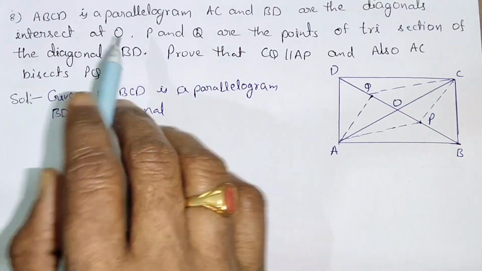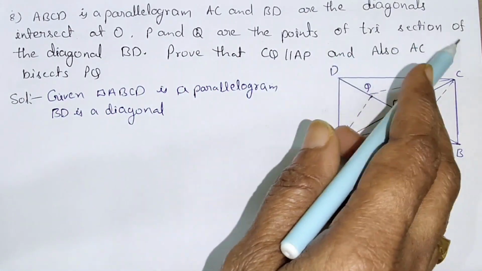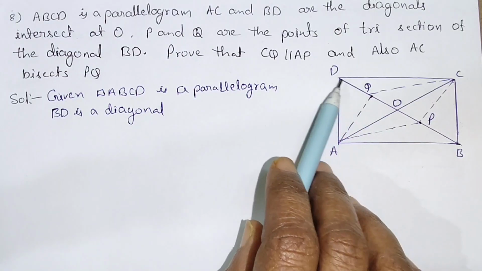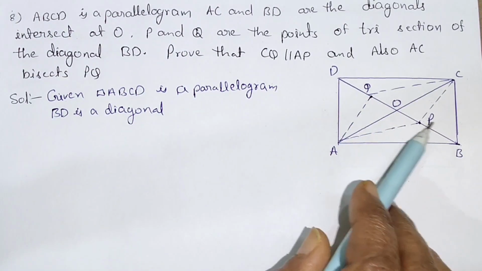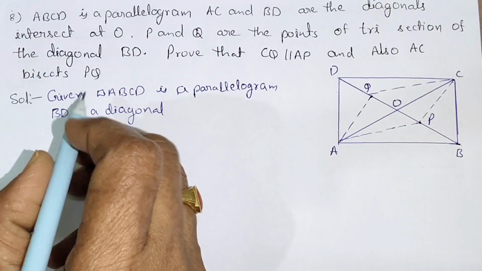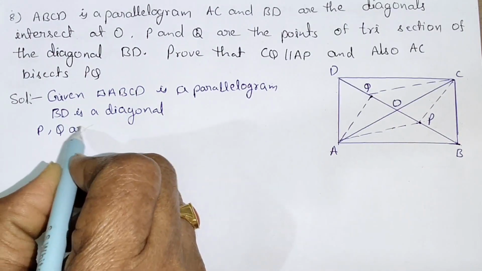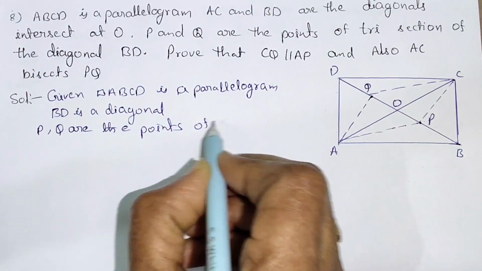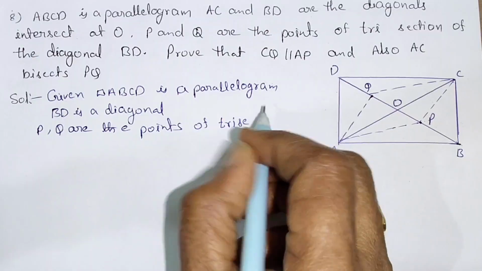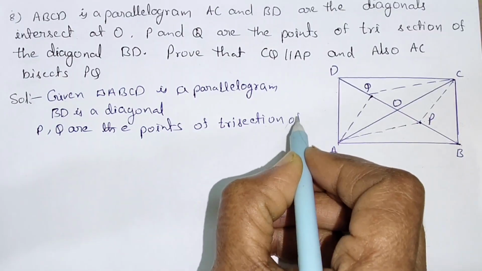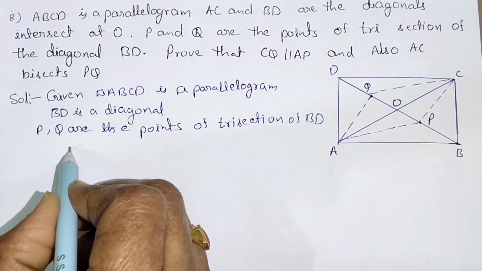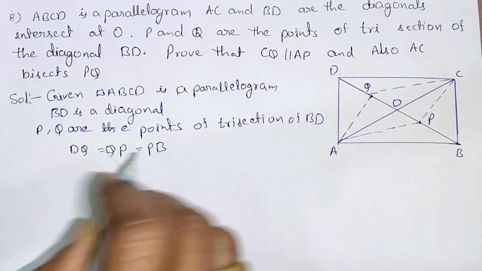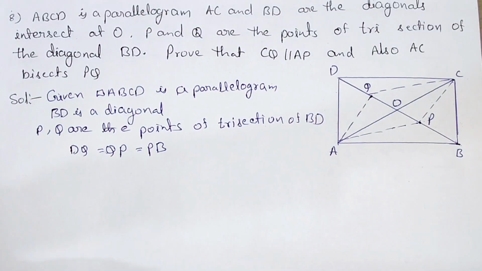P, Q are the points of trisection of the diagonal BD. So DQ equal to QP equal to PB. Trisection means these three lengths are equal.